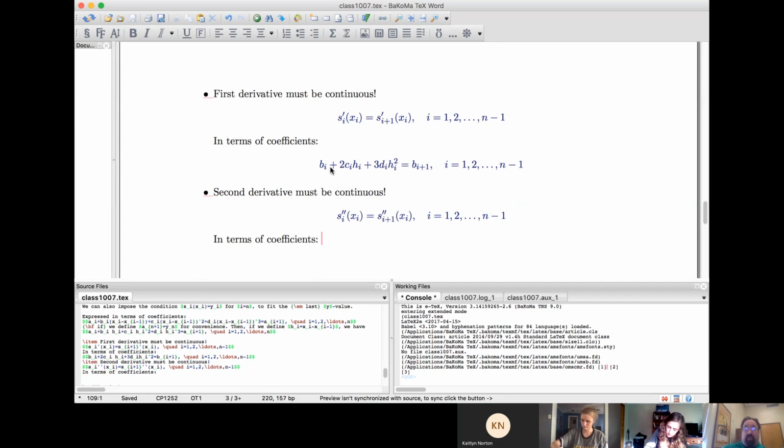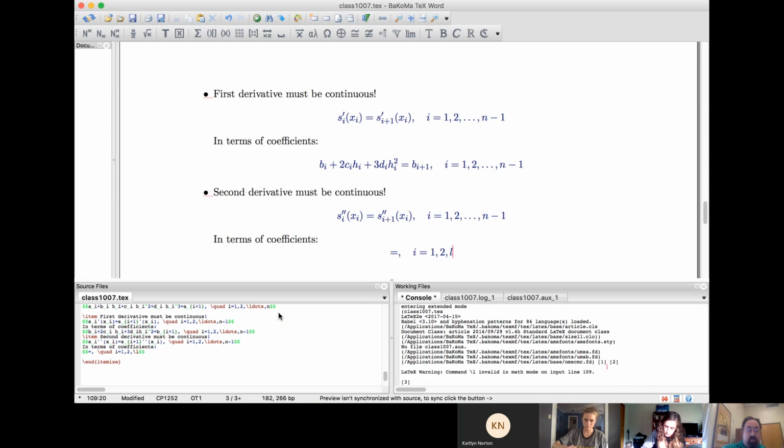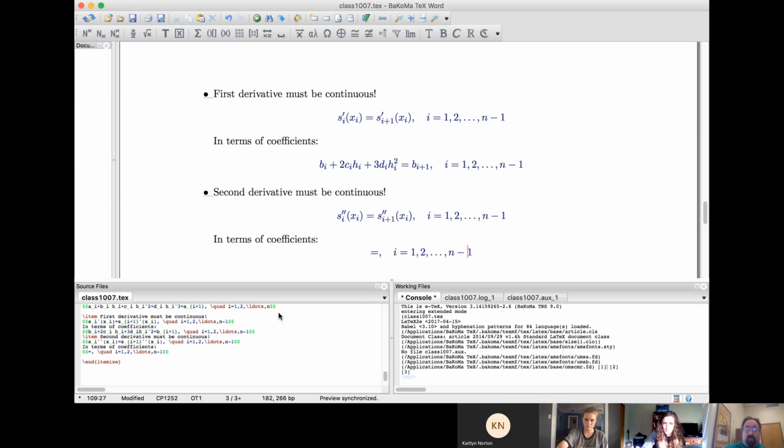And based on how I got this one, what do you think that equation should be? There'll be something resembling this, but we're going one derivative deeper. We're only at C's and D's now.